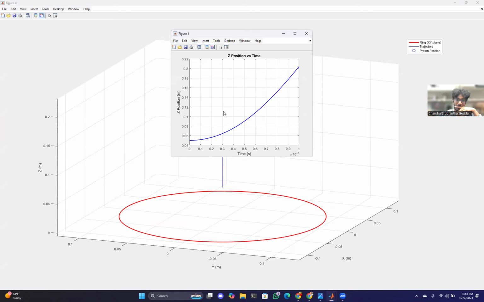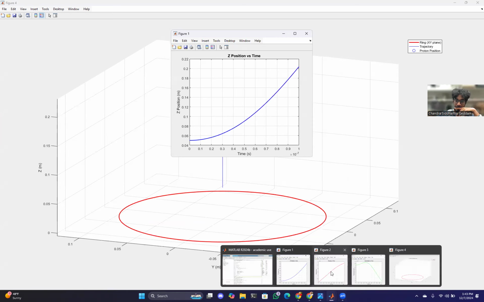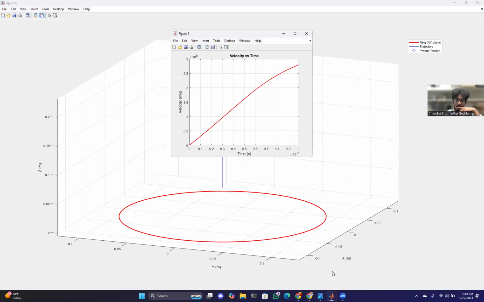So the z position increases with time, and the next graph is the velocity, and of course the velocity is also increasing as it moves away from the circular ring's influence. And the acceleration, right? At one point it increases, and at one point it starts decreasing again.